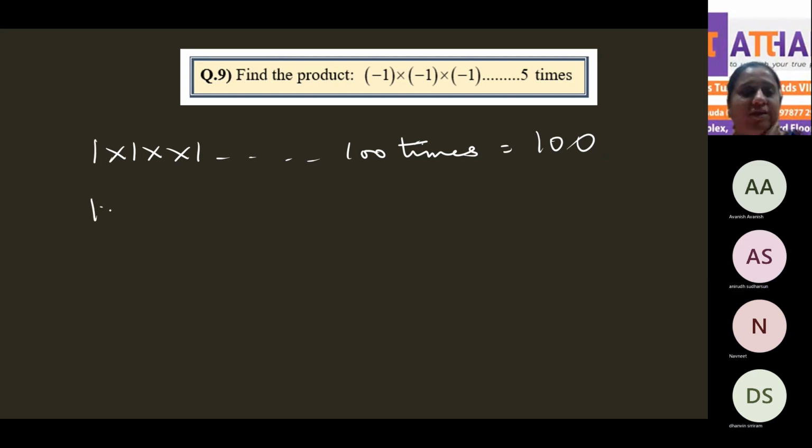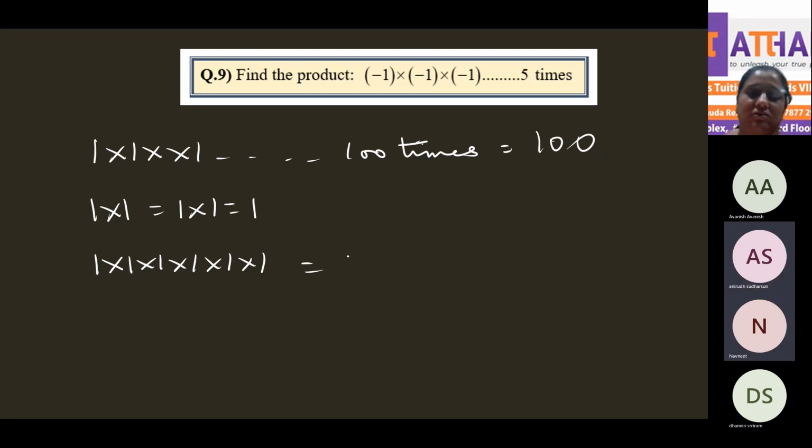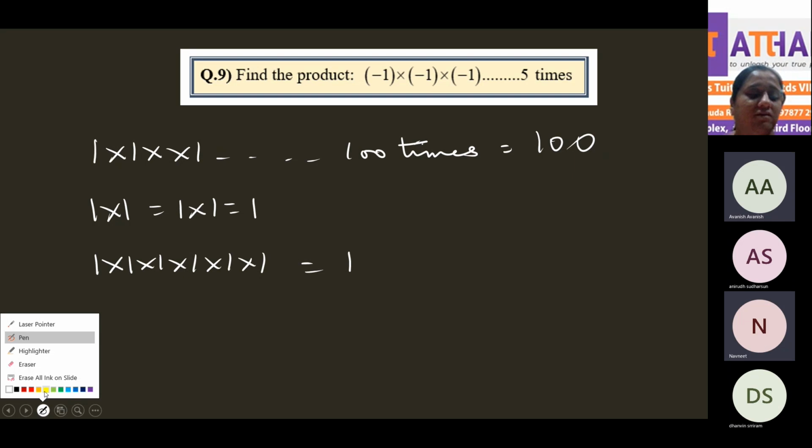Okay, fine. What is 1 into 1? 1. So what is 1 into 1 into 1 into 1, 100 times? What will be the answer? 100. Ma'am, the answer is 1, not 100.